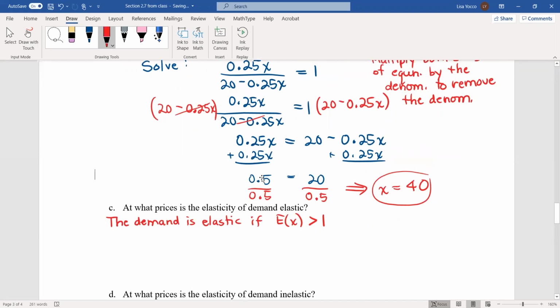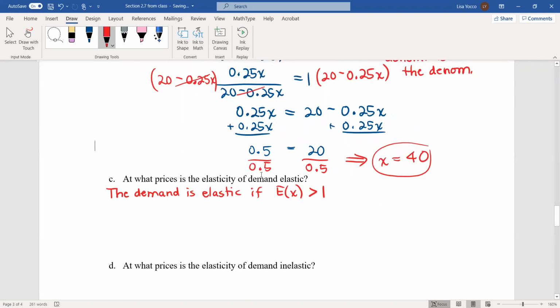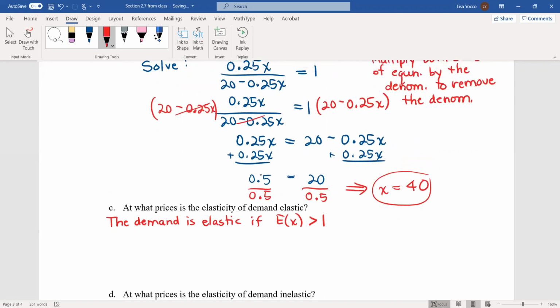So basically, well, let's see. 0.25x. Ooh. You just set that greater than 1.